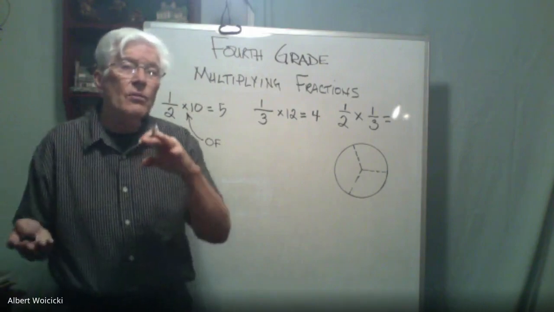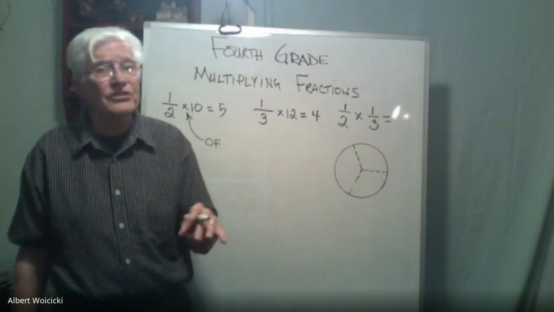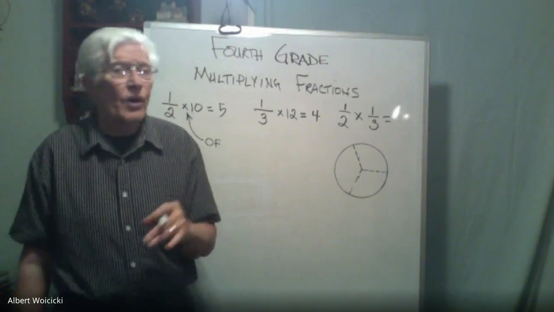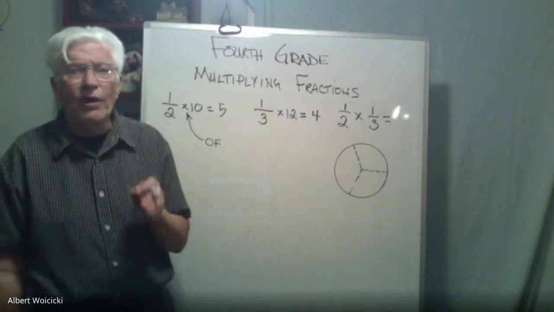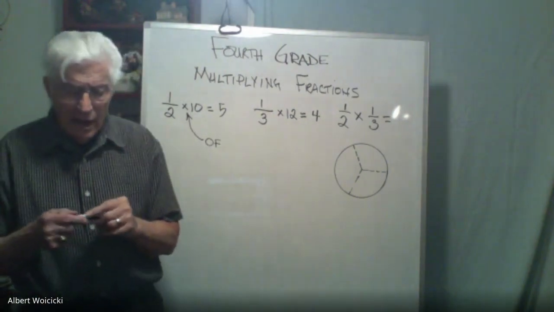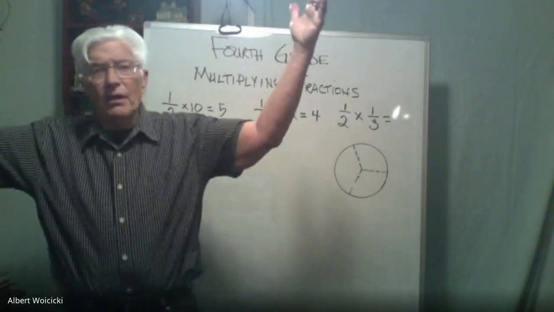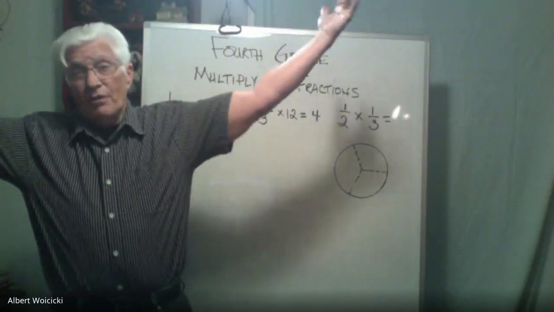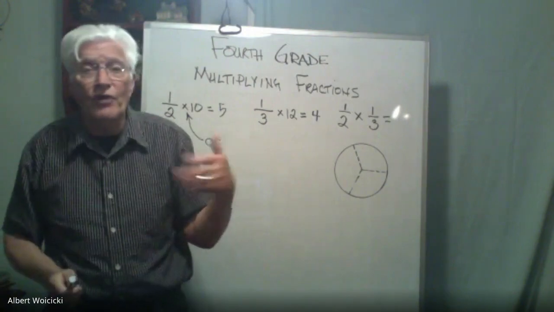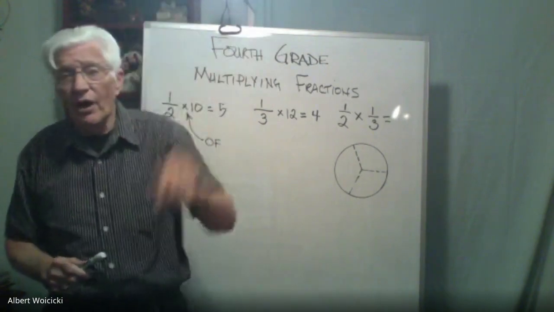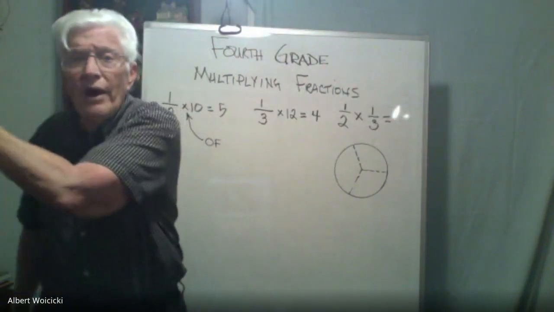But now we get a little bit more difficult when we ask the question, what is 1/2 of 1/3? Now, you should have a big piece of paper on your wall that can be written on over and over again, wiped off and written on, that goes from 0 just to 1.